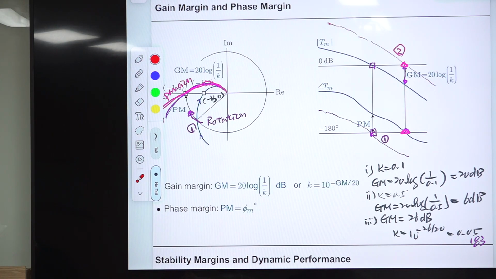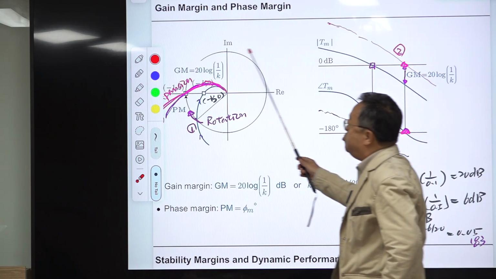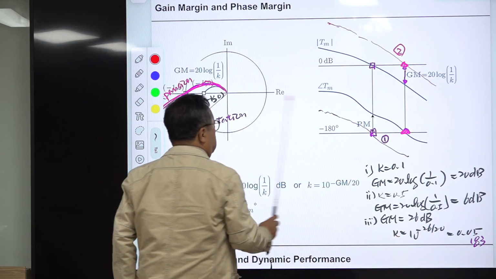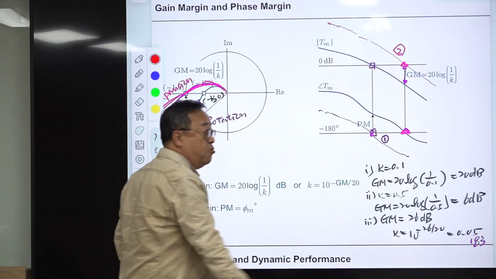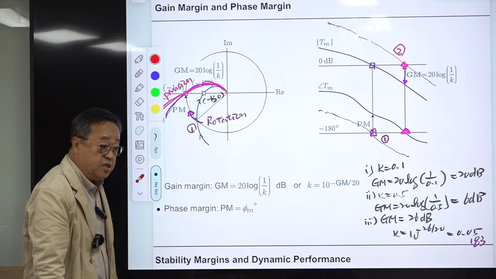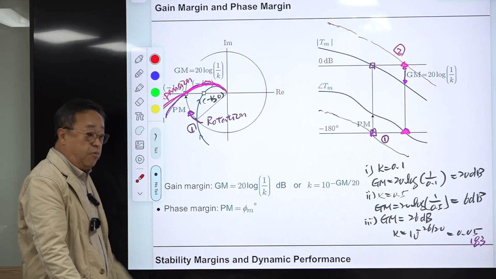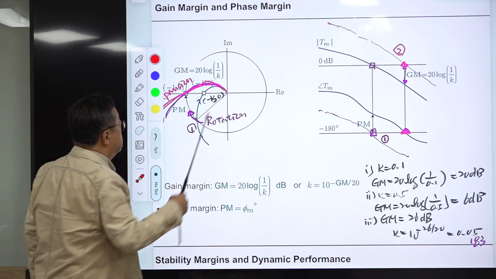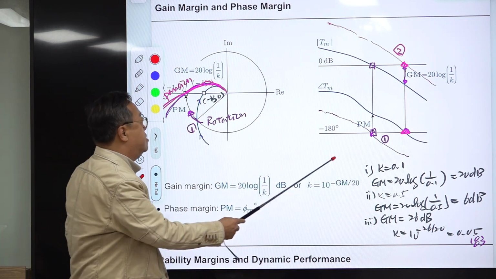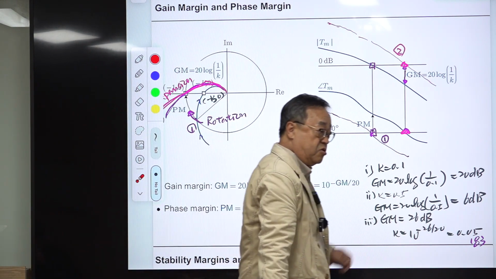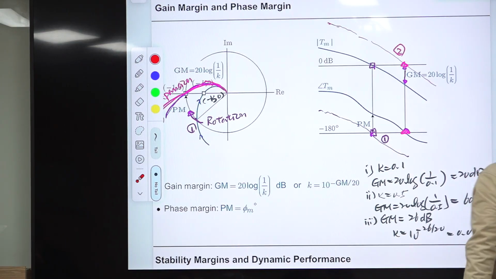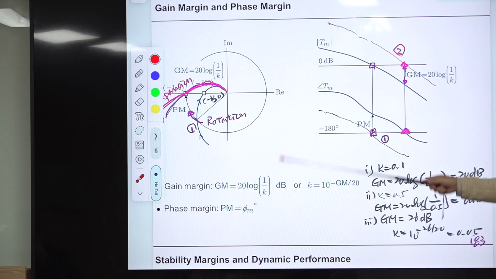Okay. So this one is easier to understand, and this one is easier to evaluate gain margin and phase margin. Most people forget about this and remember only this, and some professors only explain this without any background about the polar plot and Nyquist analysis.